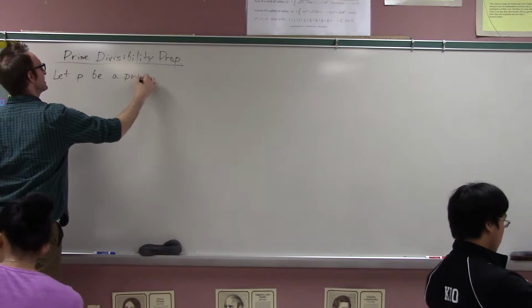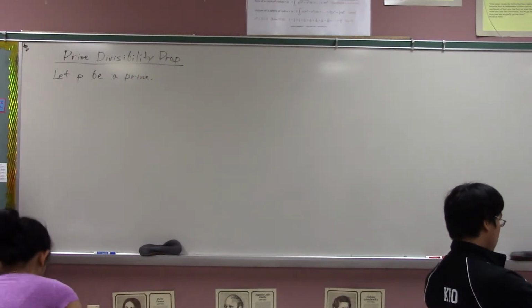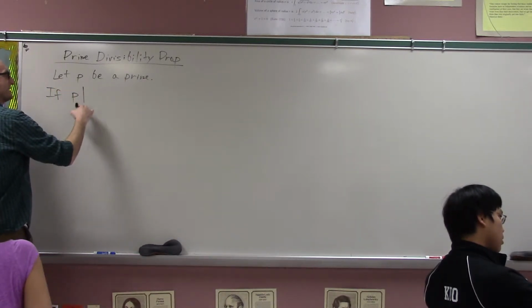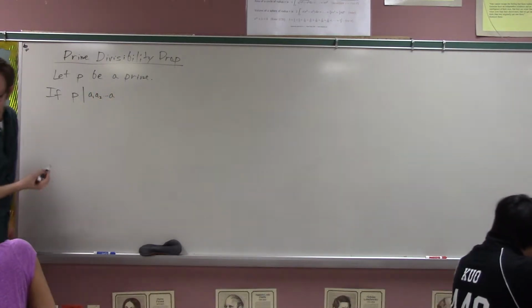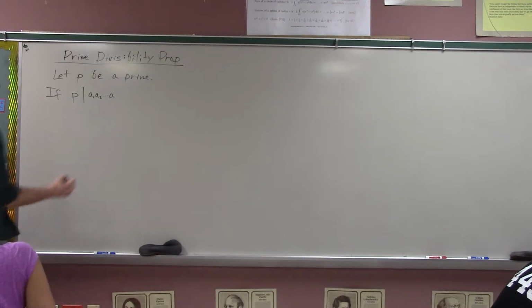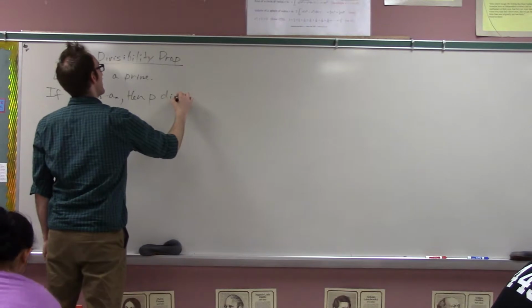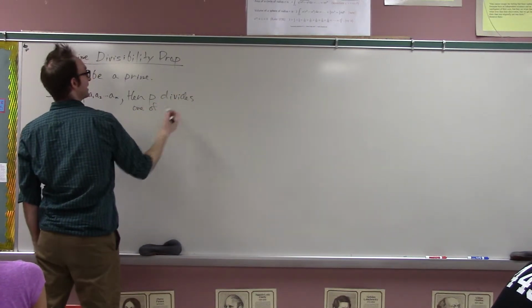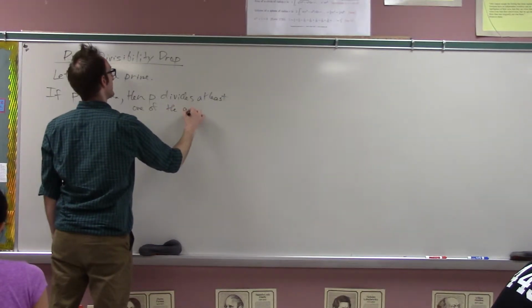It says, let P be a prime. If P divides A1, A2, up to AN, then P divides at least one of the basic numbers.